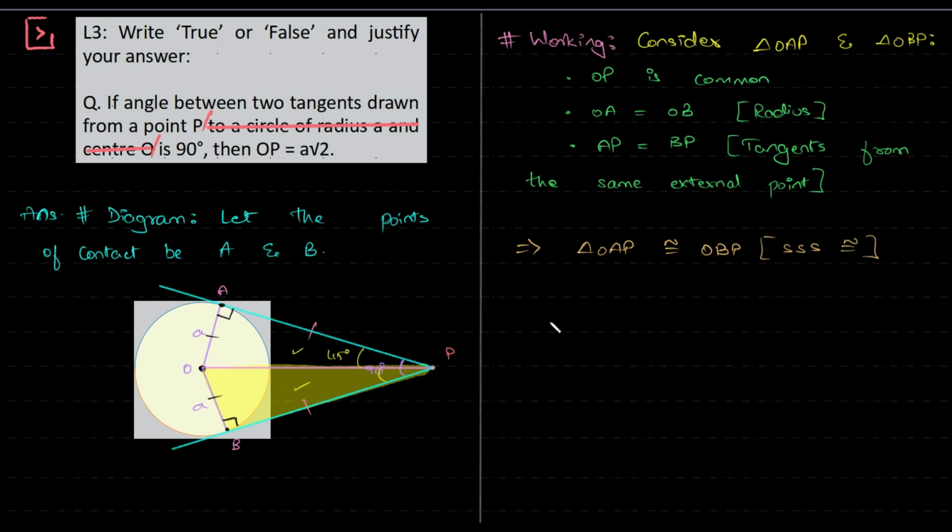And so we have, therefore, angle OBP is equal to angle OBA by CPCT. Agree? So basically, we are talking about these two angles to be equal to each other. That's one, and this is the other one.